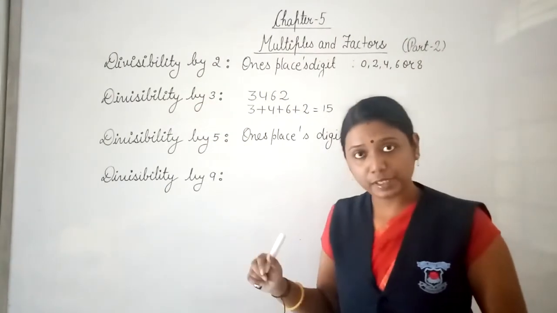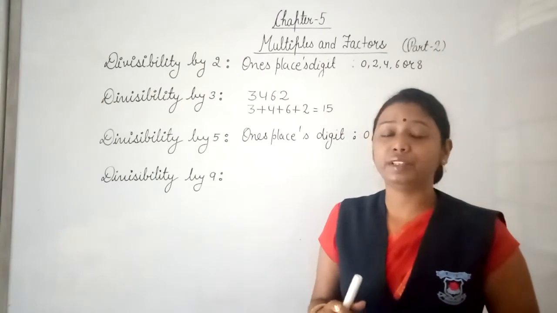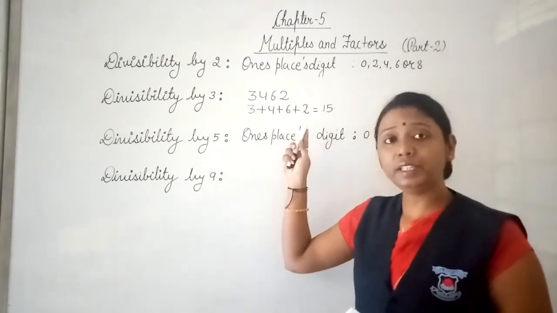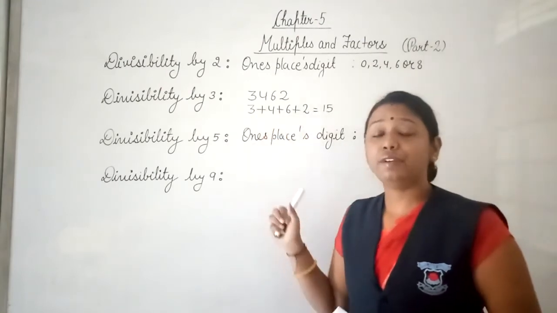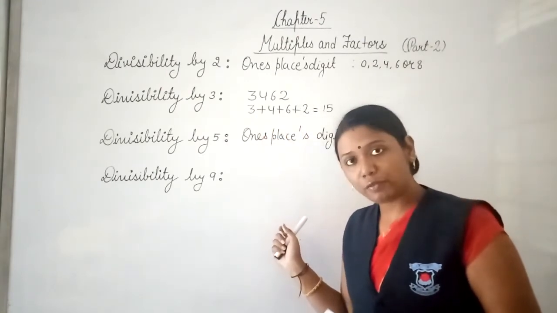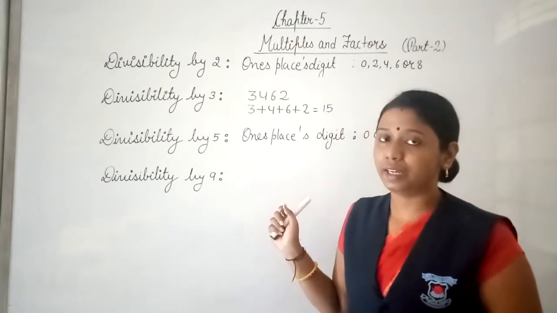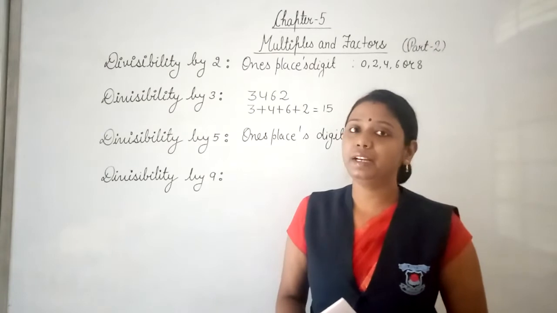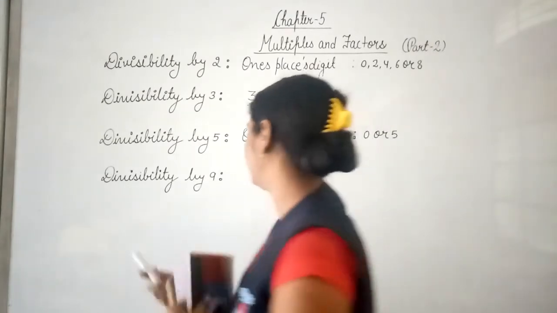If any number is given to us and we want to check whether it is divisible by 9, we just have to add all the digits like we did for 3. If the sum is a multiple of 9 or divisible by 9, then the given number will also be divisible by 9. Let us see through an example.